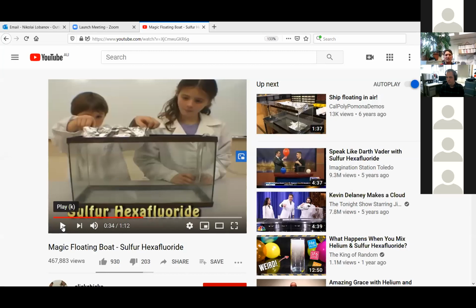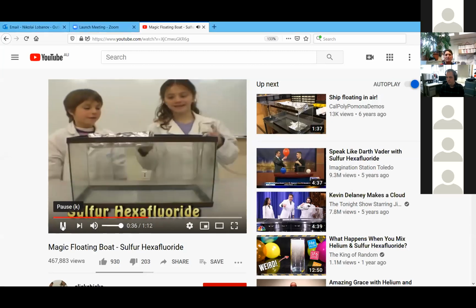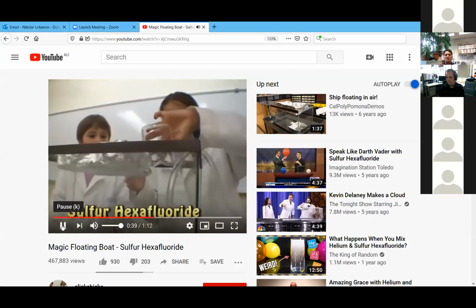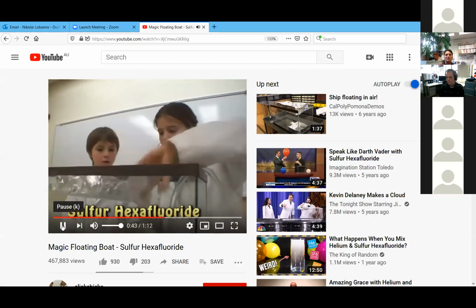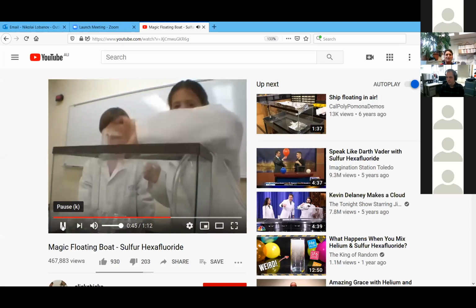Okay, so basically this is a vessel, an aquarium, and these girls fill it with SF6 continuously through these holes, and they demonstrate how this boat floats in the SF6. Now they fill this boat with SF6 and it sinks.